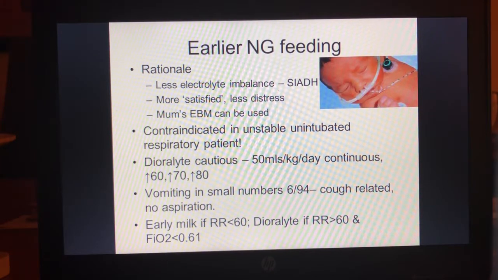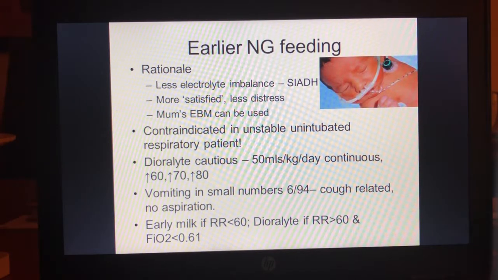So a particularly serious potential side effect, and in bronchiolitis an important one, because when people have looked at PICU admissions, almost 40 to 50% of bronchiolitis patients have low sodium levels at the time of admission.